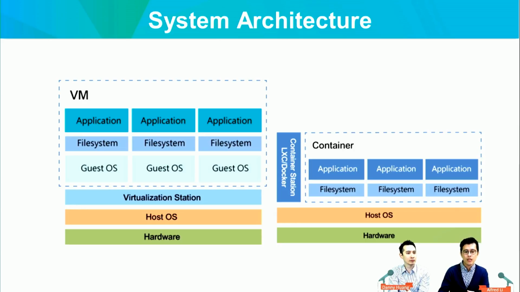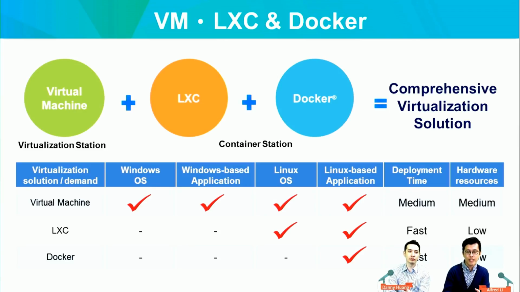I just prepared a comparison table about the VM and the container. It's very easy to see that if you are going to build a Windows OS environment, then you can use the virtual machine. If you're going to have a Linux OS, you can go for the LXC or the virtual machine.